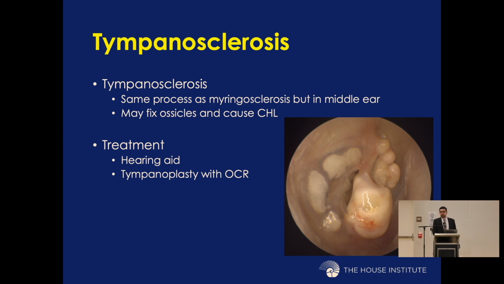Sometimes you see this if patients have chronic perforations or cholesteatomas, because cholesteatoma can also sometimes look like a white patch around the edges of the perforation. Then you have to look at the patient's history. If they keep getting infections, and you're suspecting maybe there's some cholesteatoma or ingrowth of skin under that tympanosclerosis plaque, it might be worthwhile considering surgery. But otherwise, they can easily be fitted with hearing aids.